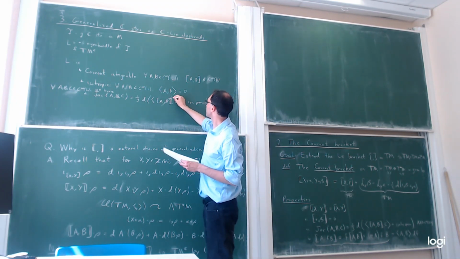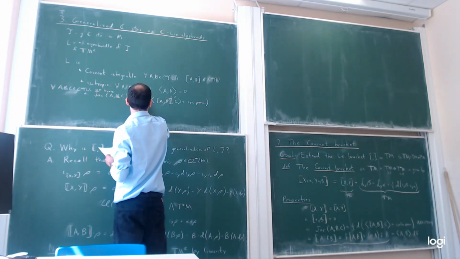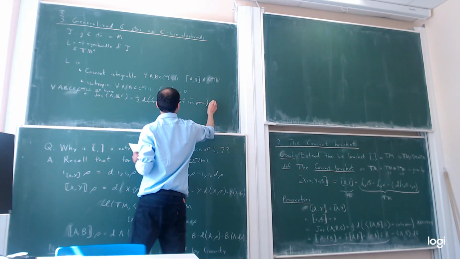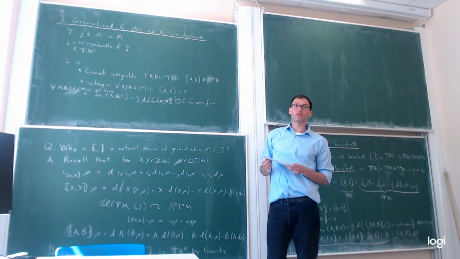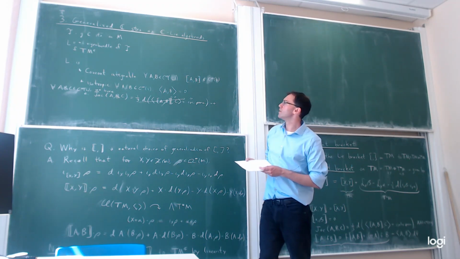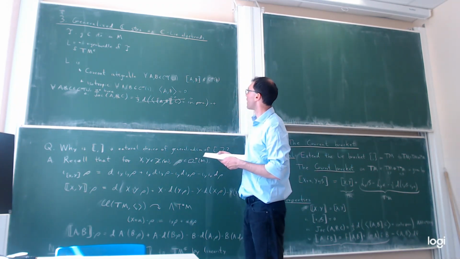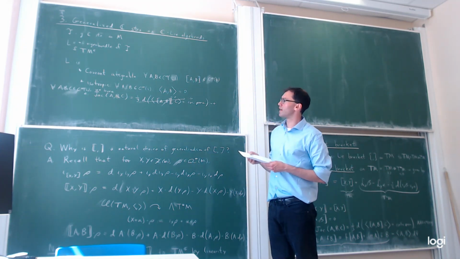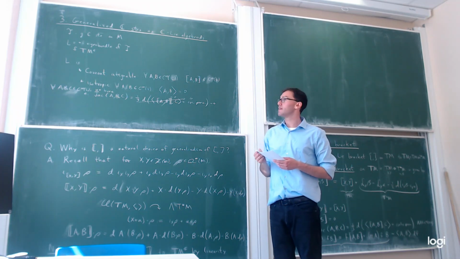So this vanishes, but then this entire right-hand side vanishes. So this is 0. So we've just shown that the Jacobiator is 0, which means that the restriction of the Courant bracket to sections of L is a Lie bracket.